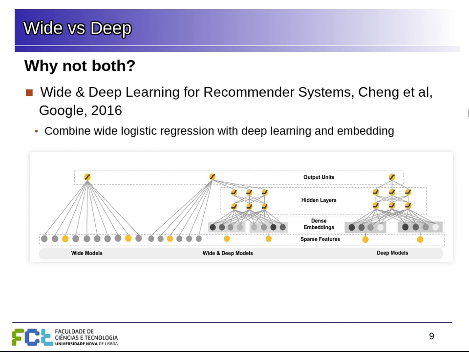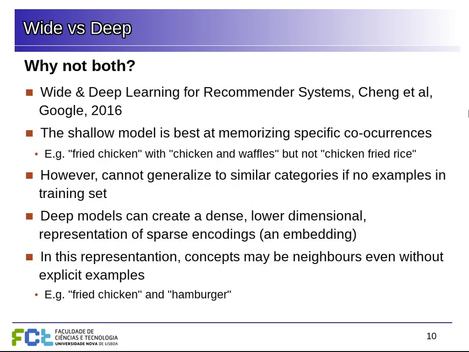So the idea is that they could combine the strong points of a wide linear model that could find easily correlations between the features, and these deeper models that created this embedding that found the proper distribution, the manifold of the data, and looks for parameters at this higher level.